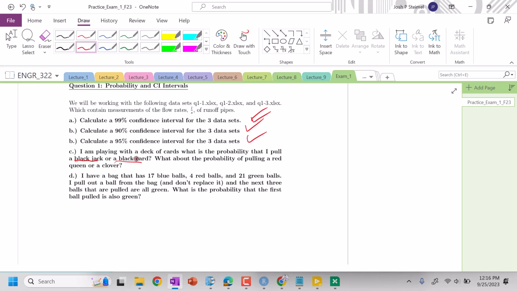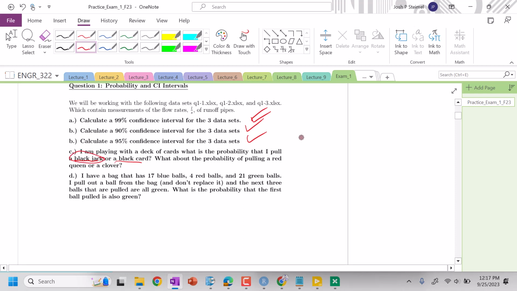Can I satisfy both conditions by pulling one of the cards? Here a black jack is indeed possible, so we're not mutually exclusive.